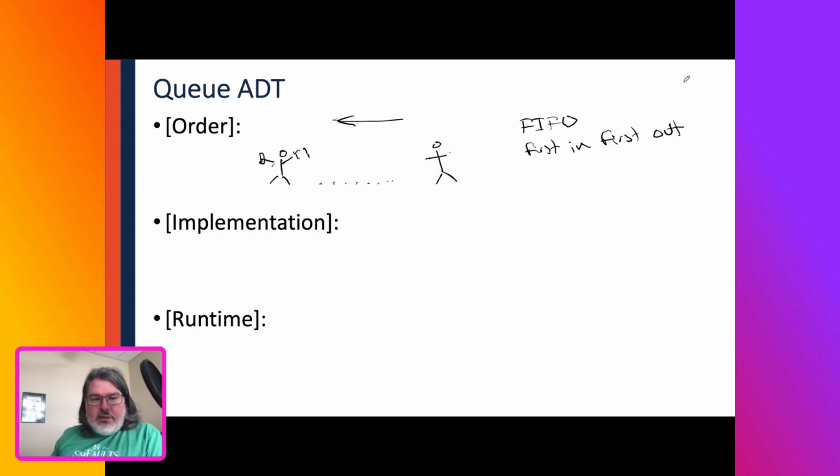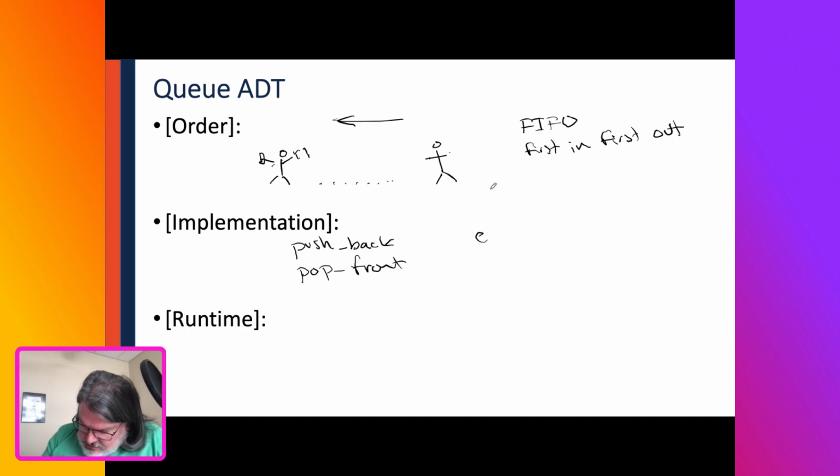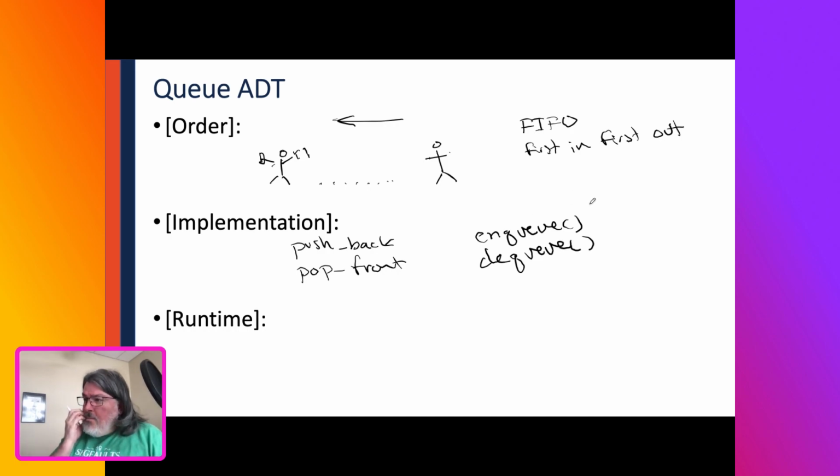How is it implemented? Well, it has push back, pop front, which are usually called NQ and DQ. And what's the running time for these going to be?